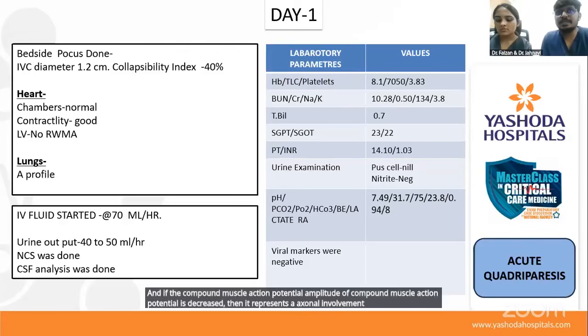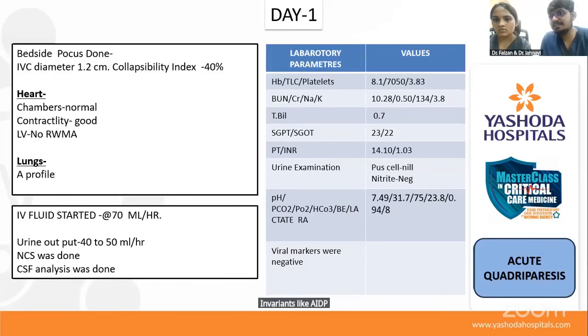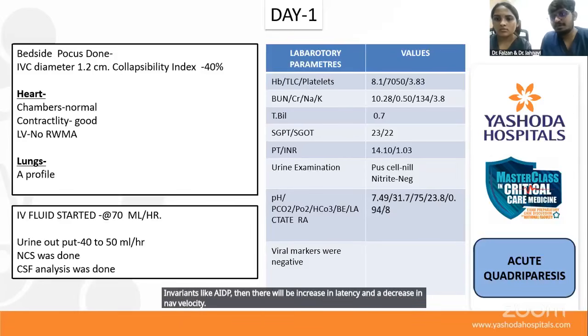So in variants like AIDP, there will be increase in latency and decrease in nerve velocity, whereas CMAP will be towards the normal side, and the sensory nerve action potential will also be normal.